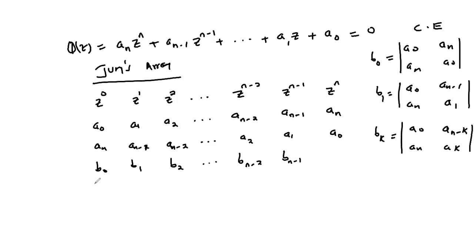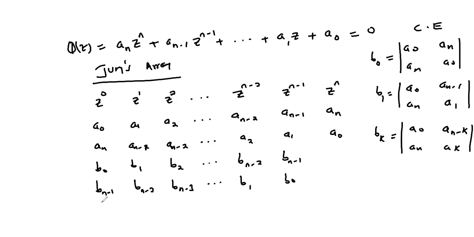The fourth row, we just reverse the terms as b_(n-1), b_(n-2), b_(n-3), all the way to b_1, b_0.